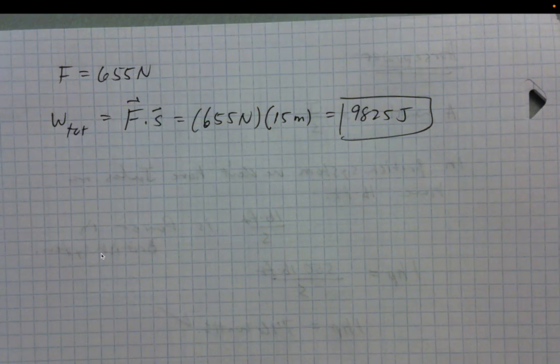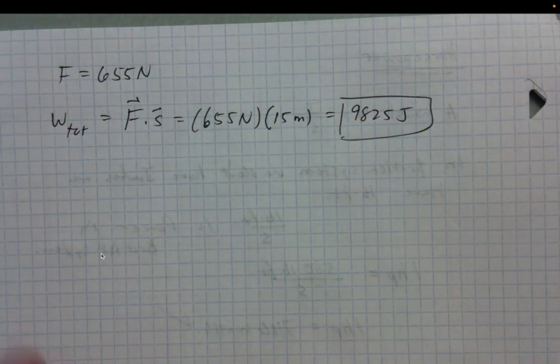In order for this crate to lift off the ground and accomplish this displacement in 3 seconds, you've got to have about that much work done. You've got to have that force, and specifically that accomplishes that same amount of work. And so the second part is, what's the average power?